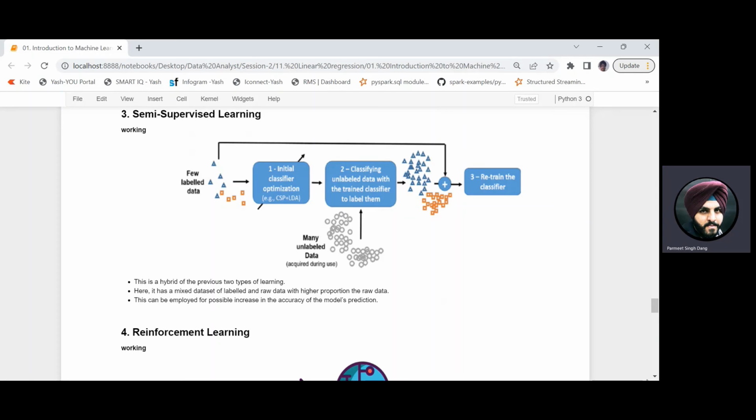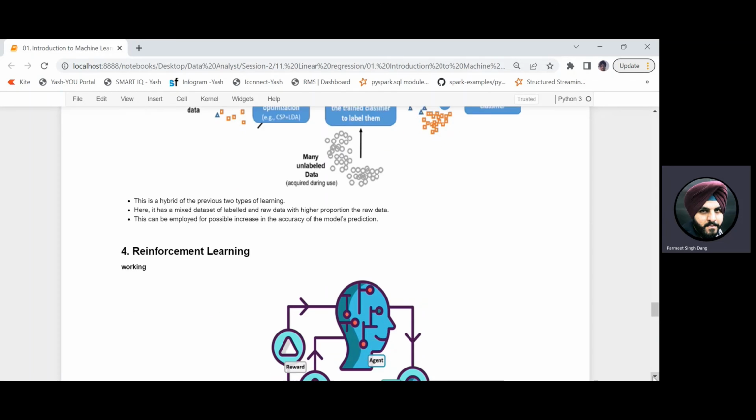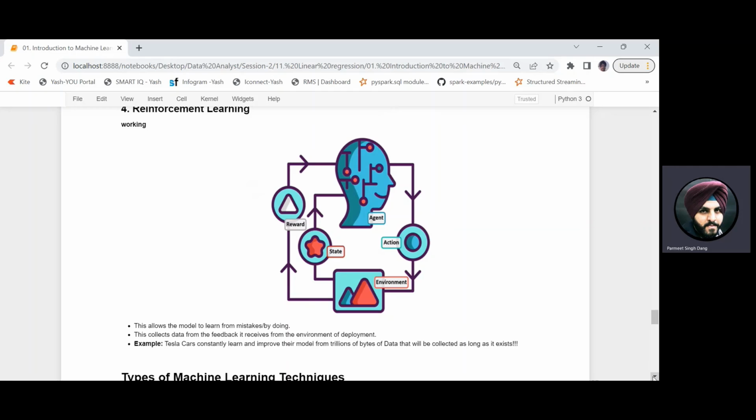Then the last machine learning algorithm is reinforcement learning. Here, as I told you, this model allows you to learn from the mistakes that you are making. So here there are two concepts: one is the reward and a penalty, and there is an agent. This is basically an environment. So what does this reinforcement learning do?